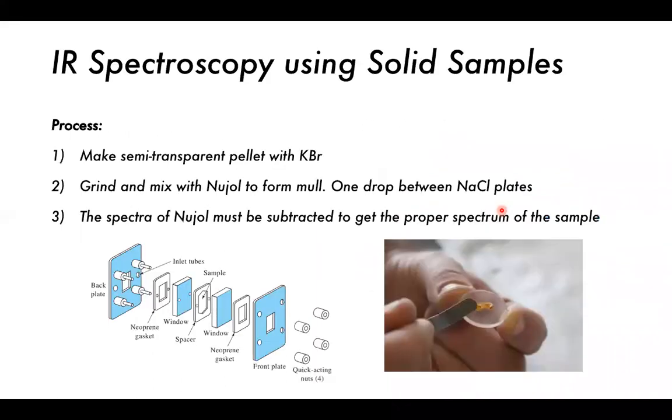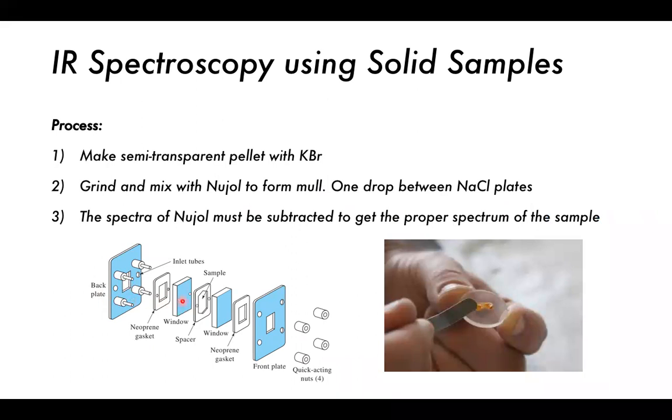Here at the bottom is a look at that sample holder that we saw a moment ago for our liquid samples. We have a back plate, a front plate, and neoprene gaskets, which create a nice seal.